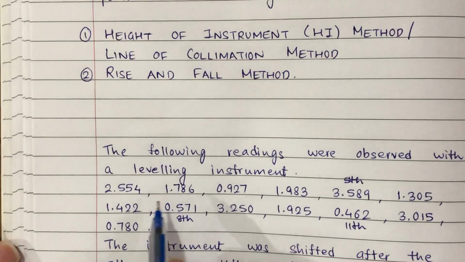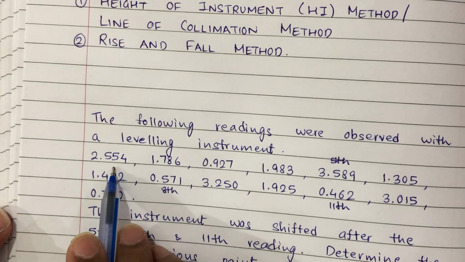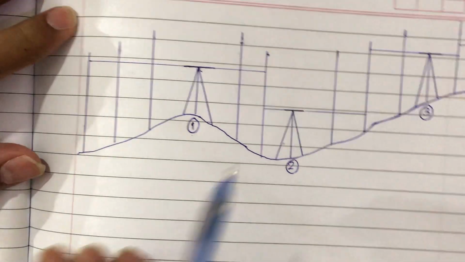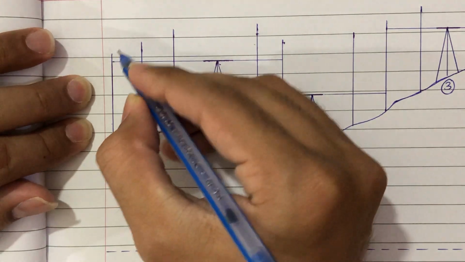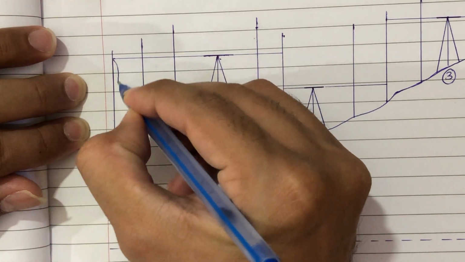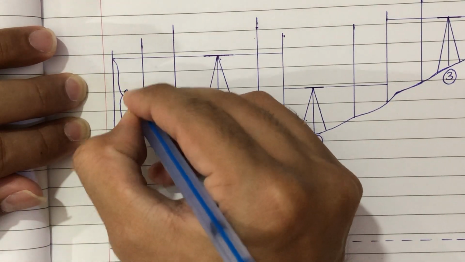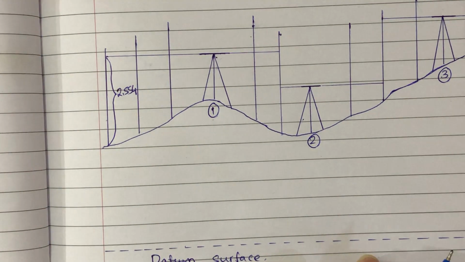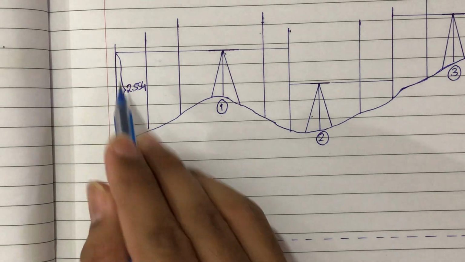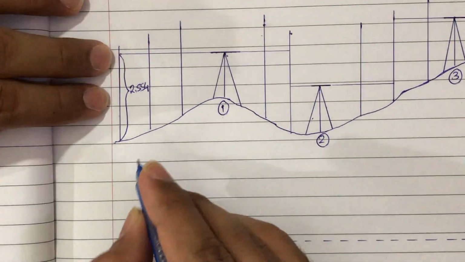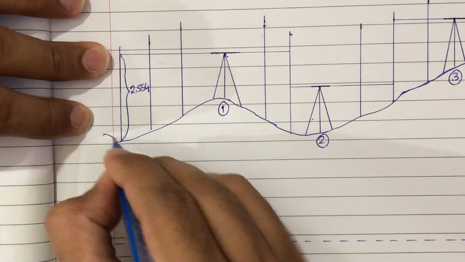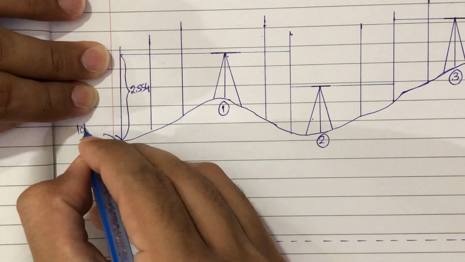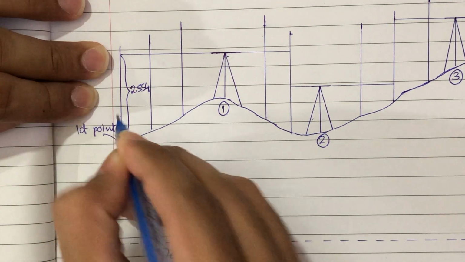The first reading that was taken is 2.554, suppose. This is the first reading, and this is the first point.